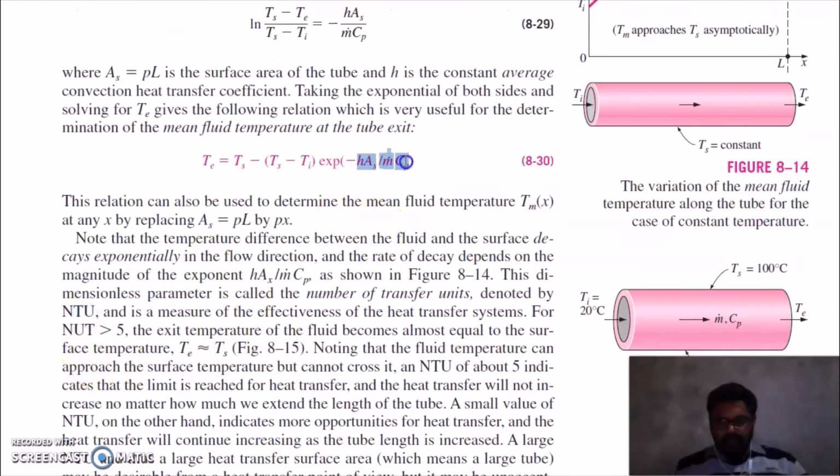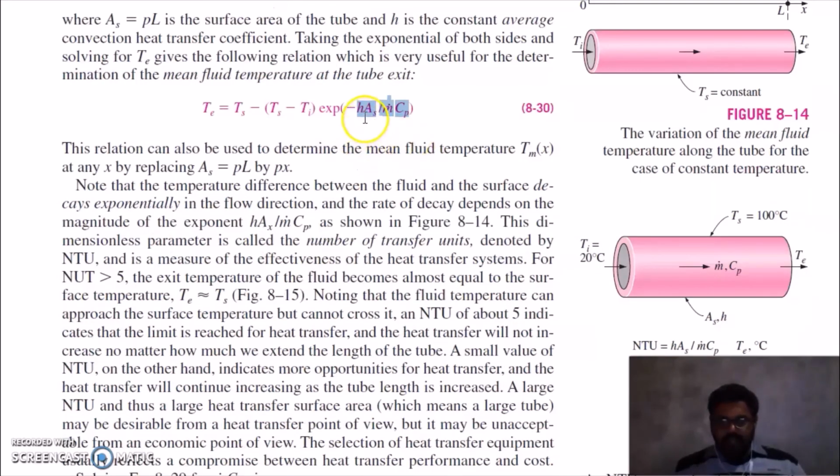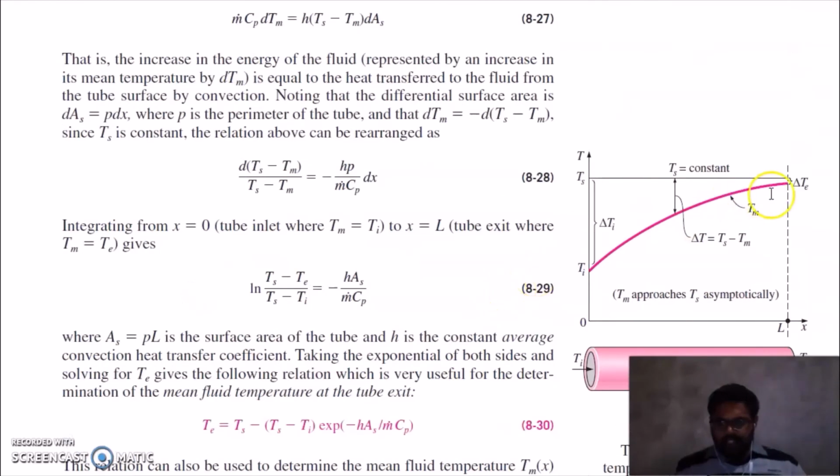So this term is called NTU, and is a measure of effectiveness of the heat transfer system. For NTU greater than 5, the exit temperature of the fluid becomes almost equal to the surface temperature.